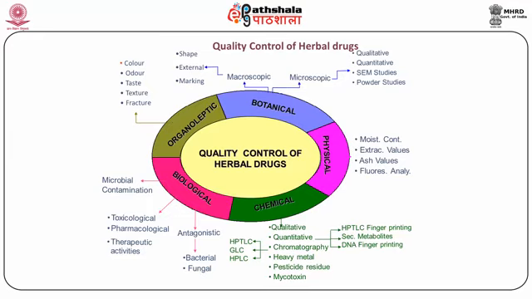To name a few, we have botanical evaluation, physical evaluation, chemical evaluation, biological evaluation, and a preliminary type of evaluation consisting of organoleptic evaluation. Different parameters under each of those quality control parameters have been mentioned in this diagram.